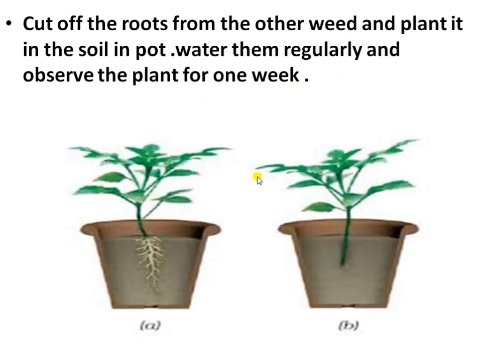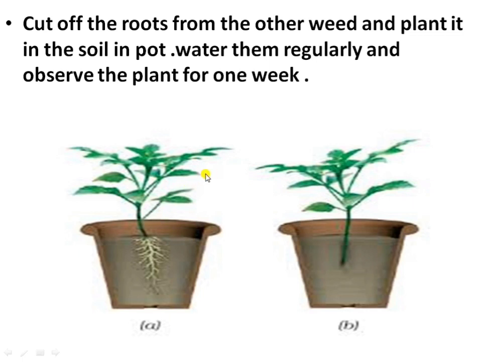As you can see in this picture, firstly select the 2 weeds from the open ground. Dig them out, then take care that their roots are intact and do not break. Then plant one of the weeds in the soil in a pot.